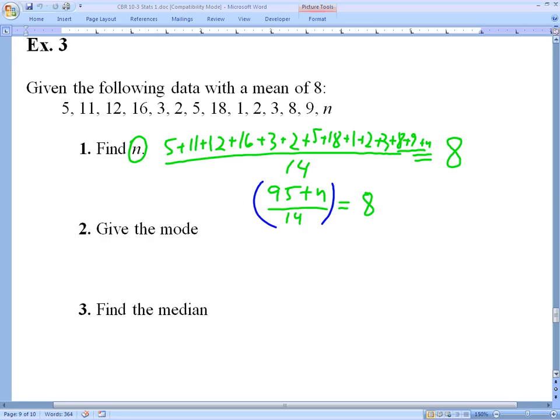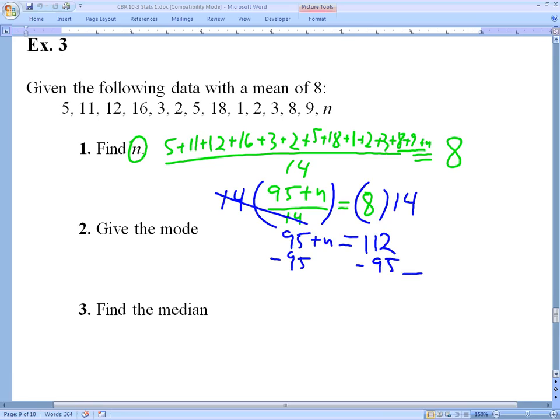I'm first going to clear out that denominator by multiplying both sides by 14. And 8 times 14 gives me 112. So 112 equals 95 plus n. Subtract 95 from both sides. And I get n is equal to 17.